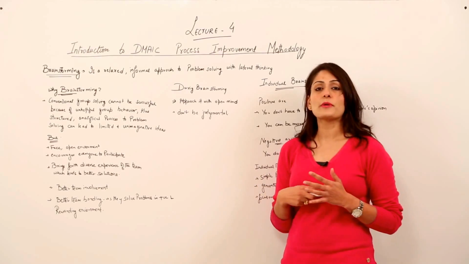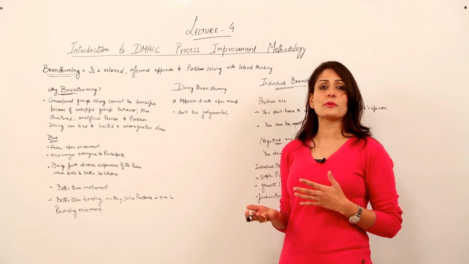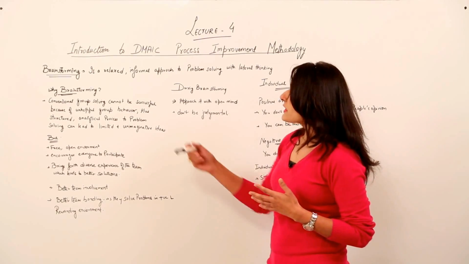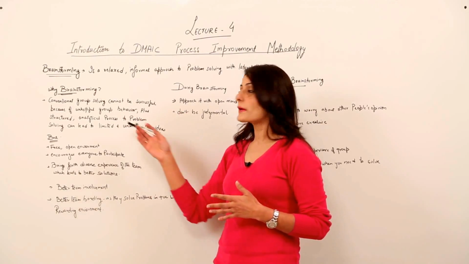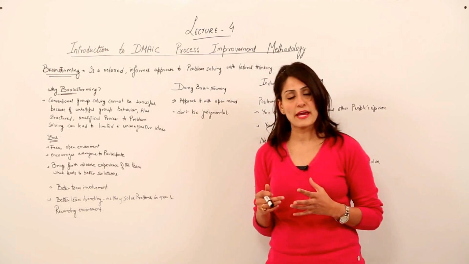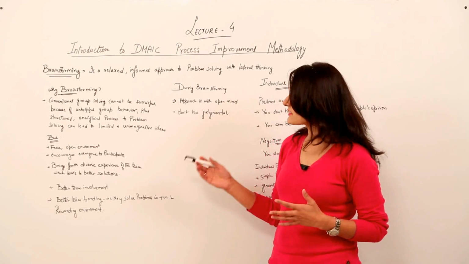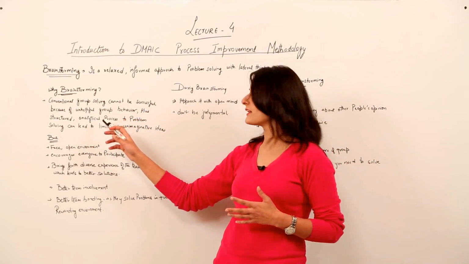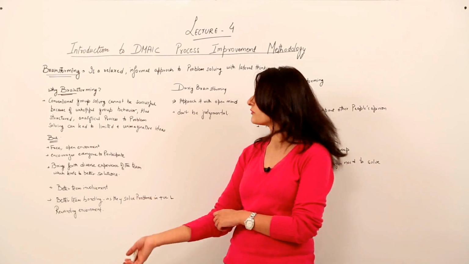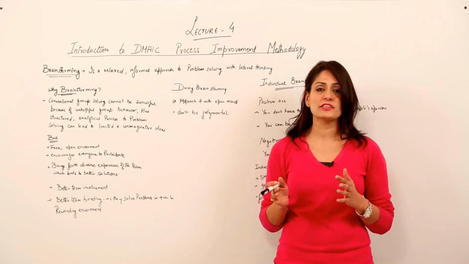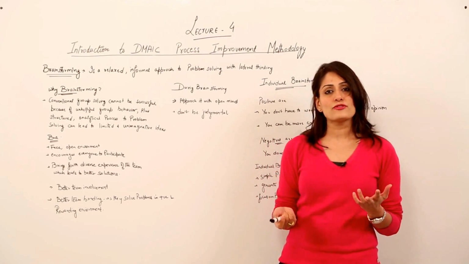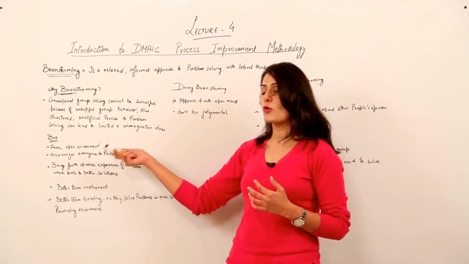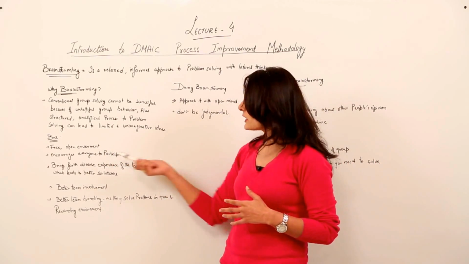Now why do we need to do brainstorming? Because conventional group problem solving cannot be successful because of unhelpful group behavior, and it has been seen that a structured analytical process to problem solving can lead to limited and unimaginative ideas, whereas in brainstorming the team works in an open and free environment.